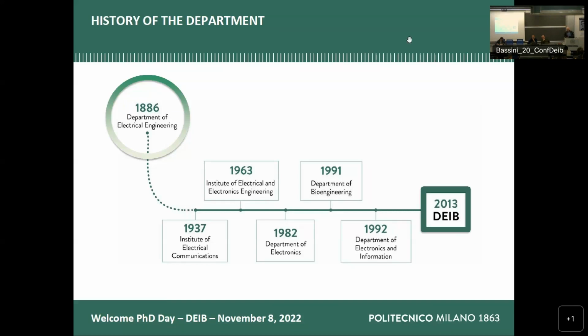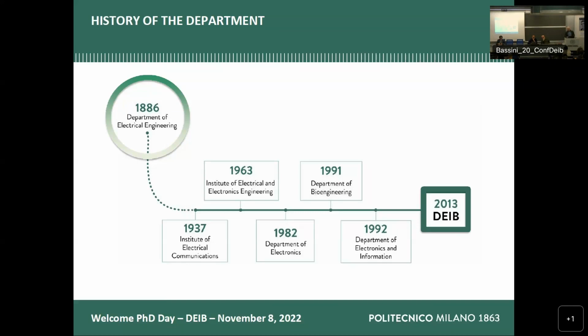As far as teaching is concerned, the university is organized in a set of schools, mainly 4 schools. The one to which we belong is the School of Industrial and Information Engineering, and then there are the School of Architecture, the School of Design, and the School of Environmental and Civil Engineering.